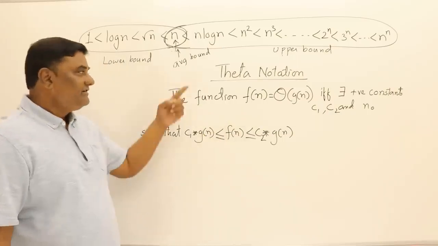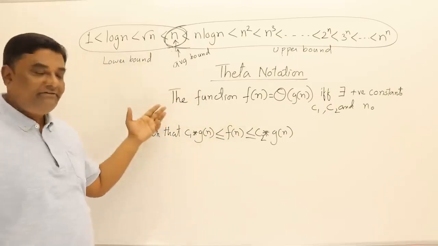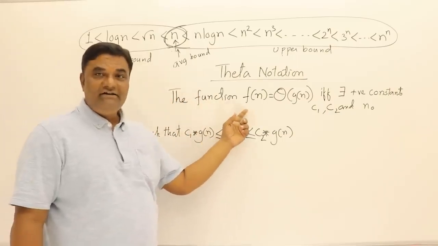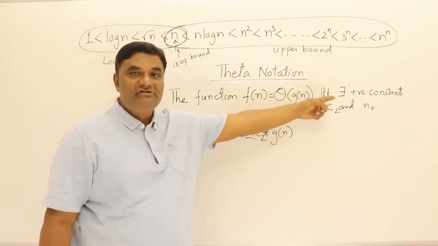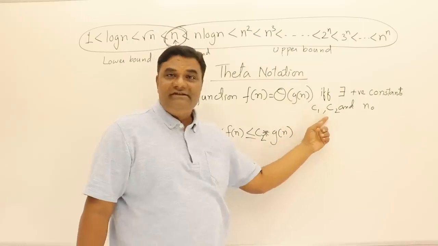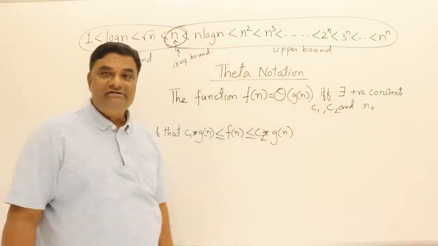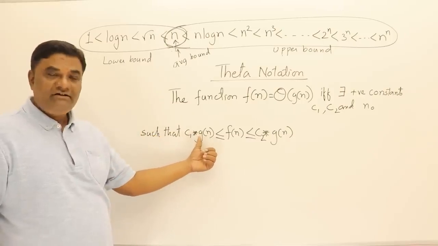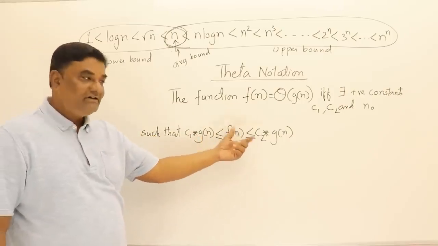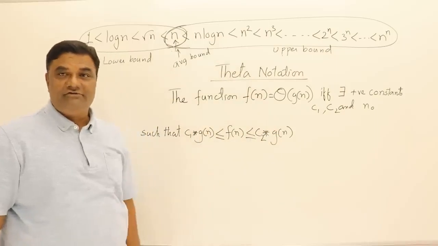Next one is theta notation. As per the definition, the function f of n is theta of g of n if and only if there exist positive constants c1, c2 and n0 such that c1 into g of n is less than or equal to f of n, and that is less than or equal to c2 into g of n.